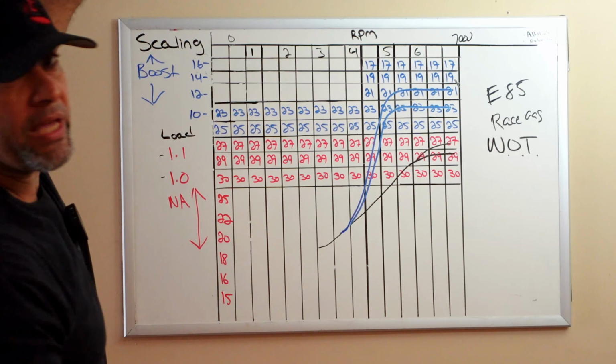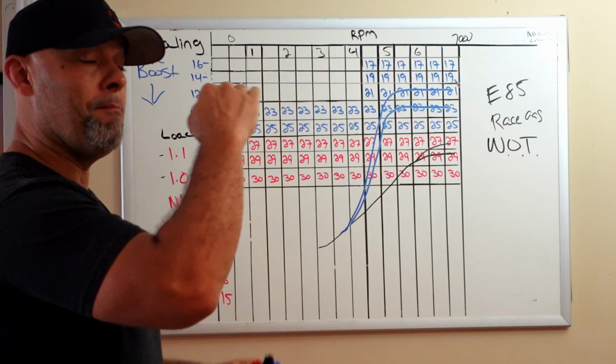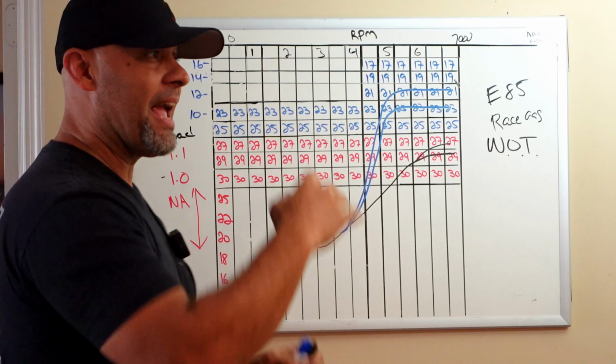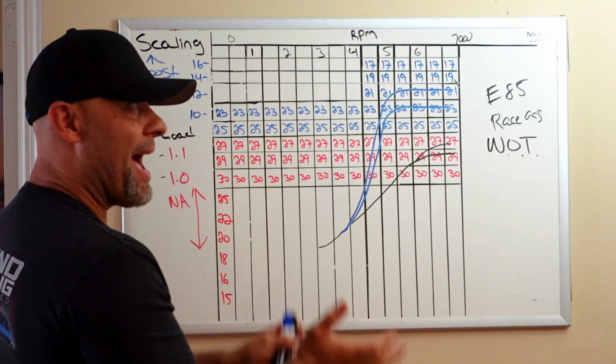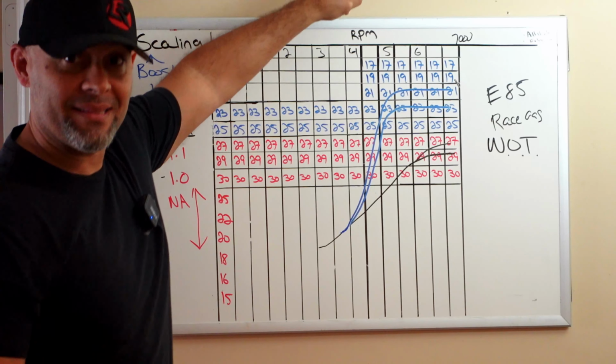Now, when we get up into the weeds, 20 and up, of course, it's going to hit a different MAF cell, and I have to touch up fueling at that higher frequency because you have gone past the scale.